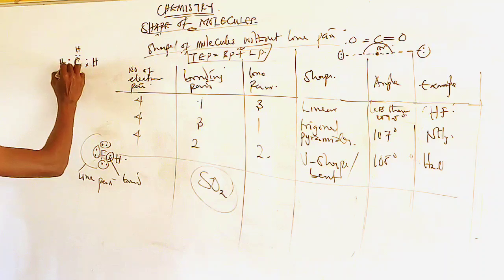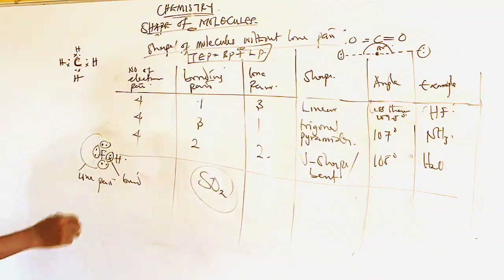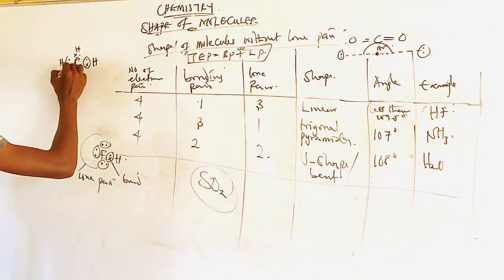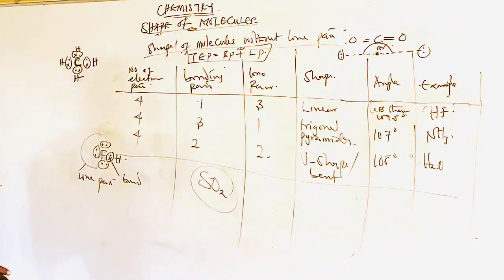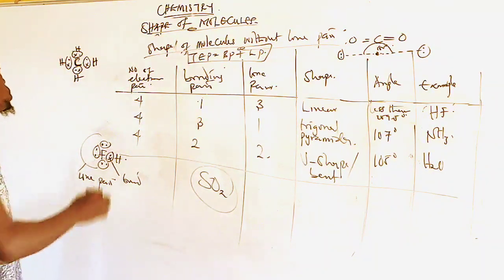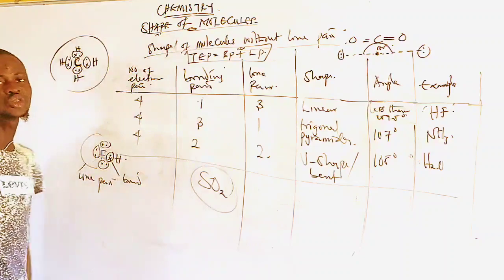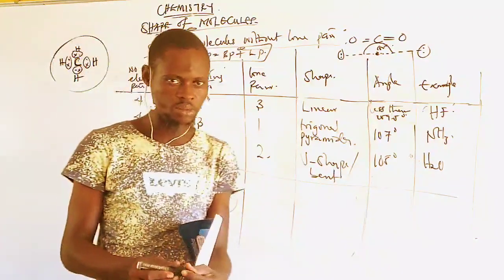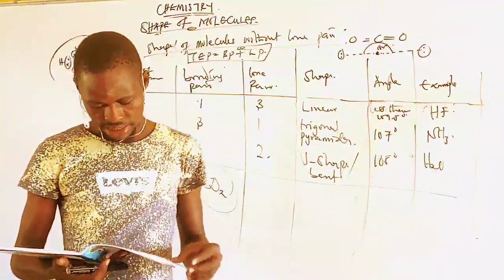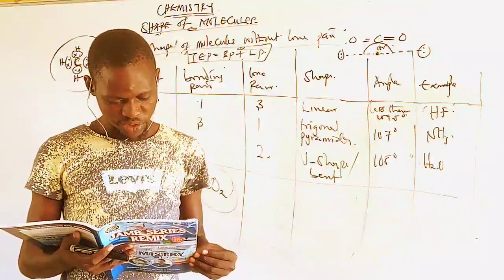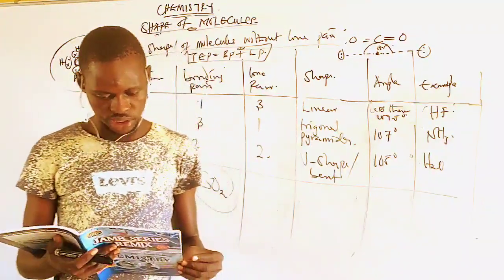Hydrogen, hydrogen, hydrogen, hydrogen. So all these are bond pairs, no single lone pair is found on the central atom. So this gives rise to a tetrahedral shape. Okay, that is that for that. I think I've been able to solve all the questions here.